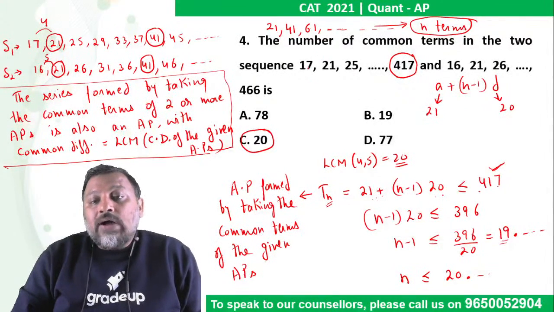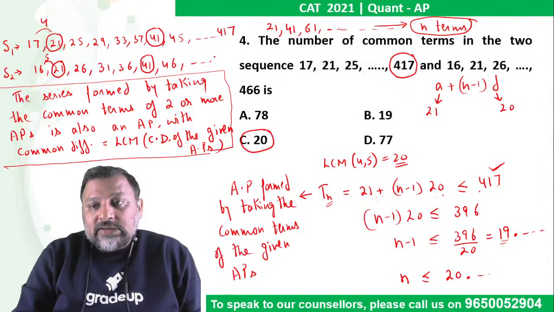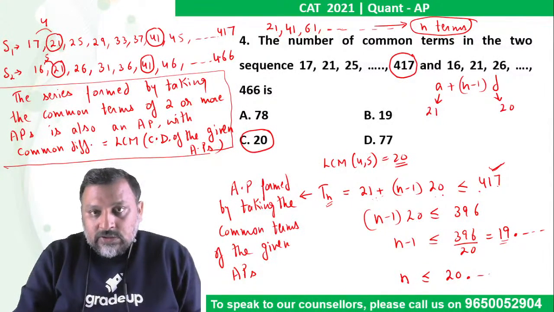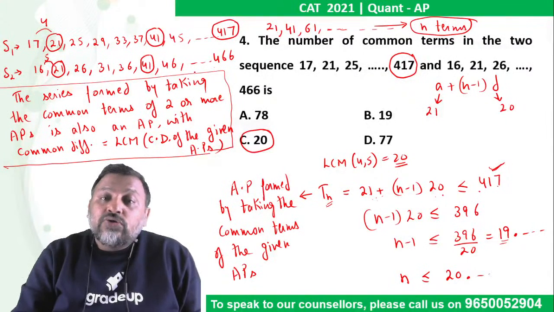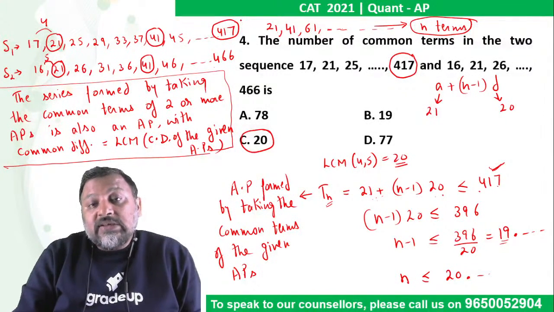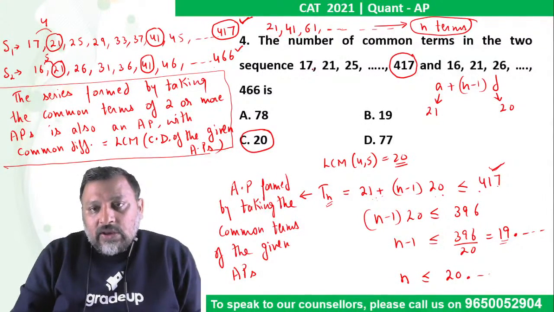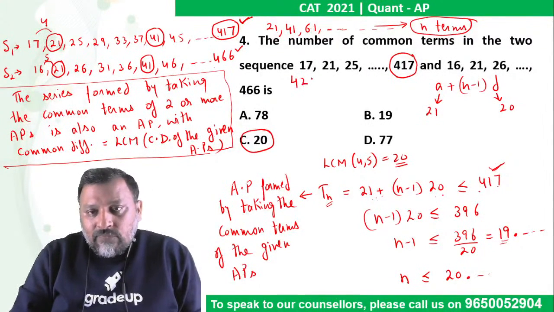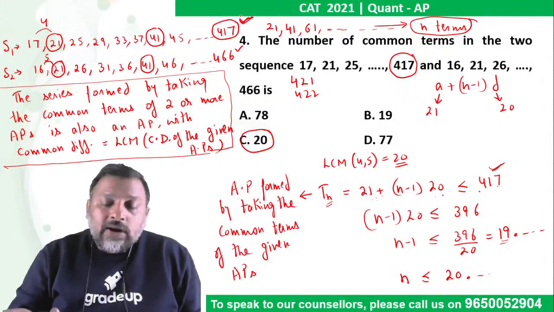And we also know अगर दो सीरीज हैं, एक सीरीज आपका है 417 तक, एक सीरीज है 466 तक, तो जो भी लास्ट कॉमन टर्म होगा वो या तो ये होगा या इससे भी छोटा होगा. दैट मीन्स विच एवर इज द स्मॉलर वैल्यू ऑफ दीज टू वो ही रेलेवेंस रखेगा. We cannot have 421 or 422 as the last common term. So the last common term would be either 417 or less than this.